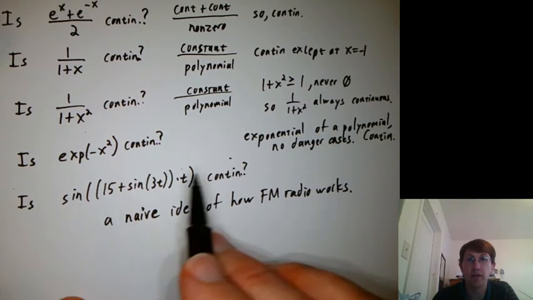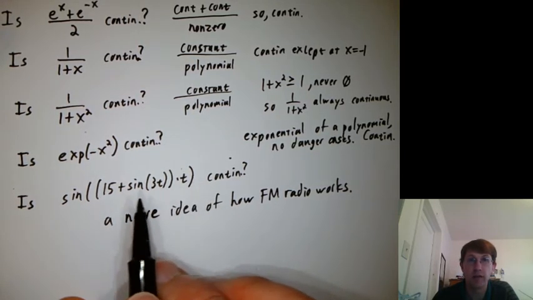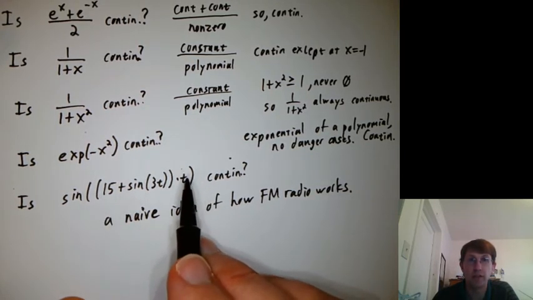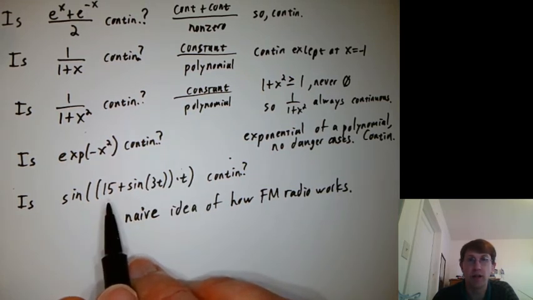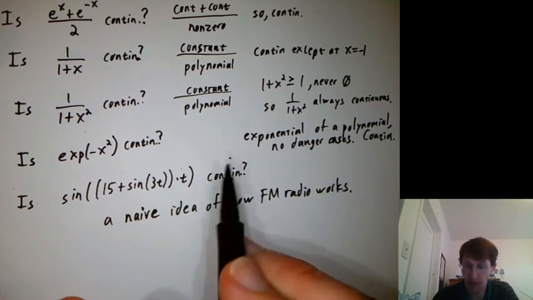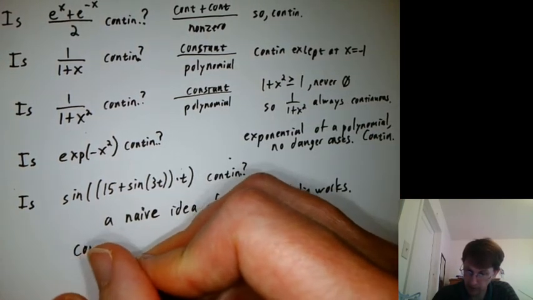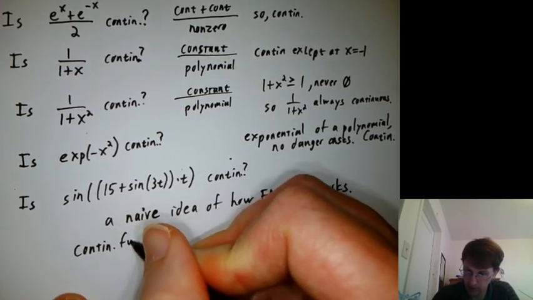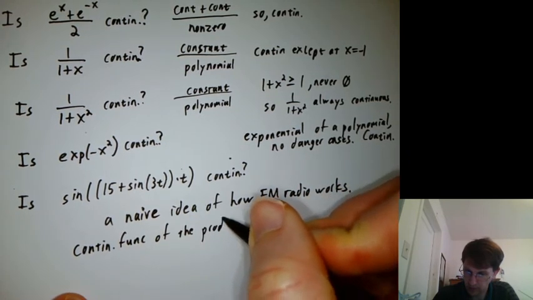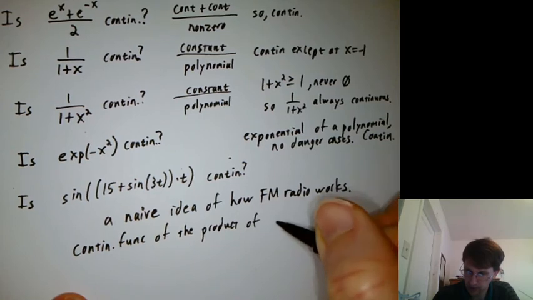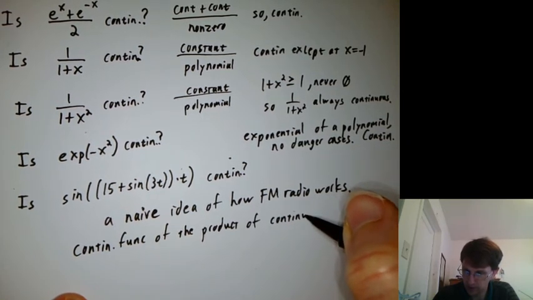But is this function continuous? Well, what do we have? t is a continuous function multiplied by a continuous function, and then a continuous function of that. So it's a continuous function of the product of continuous functions.